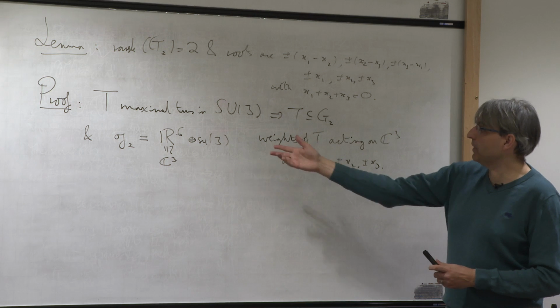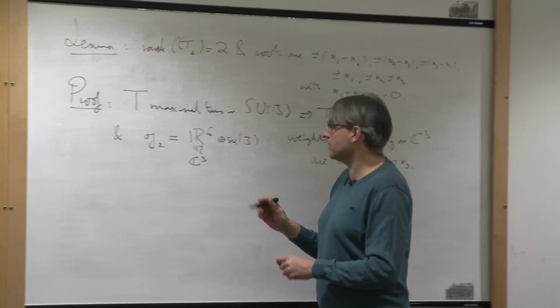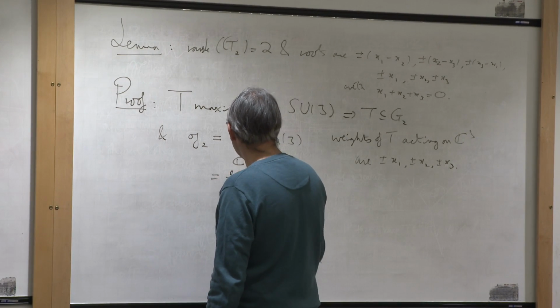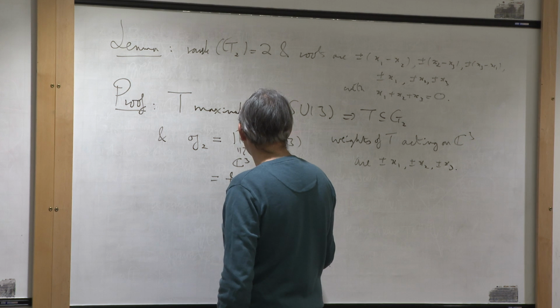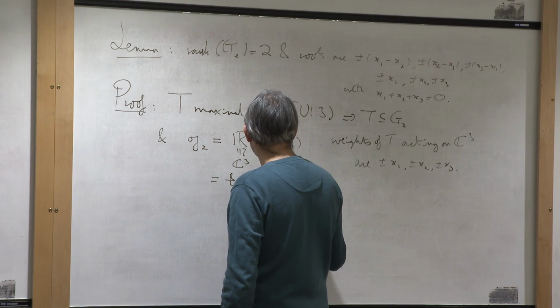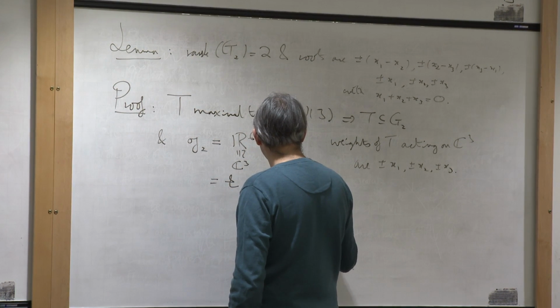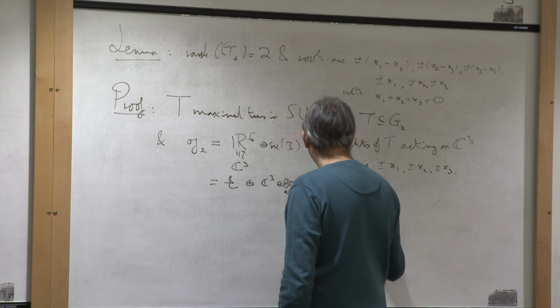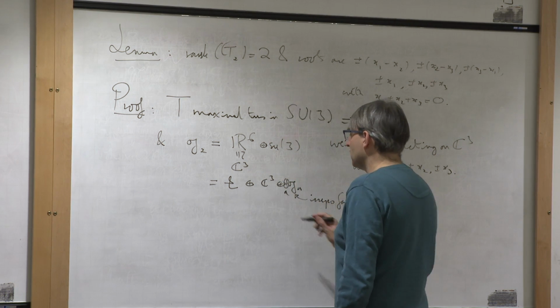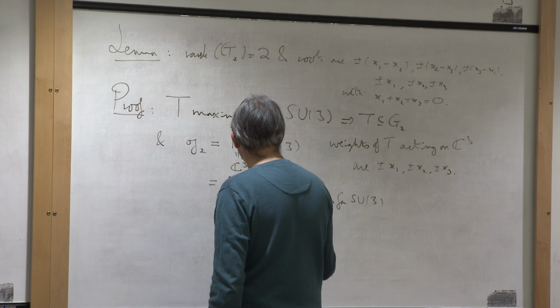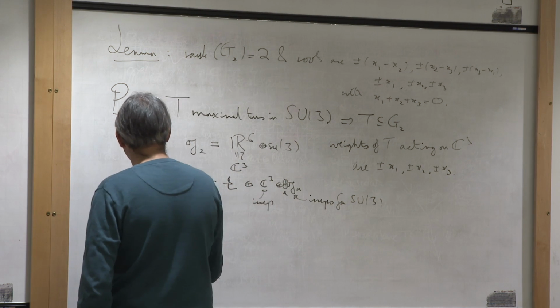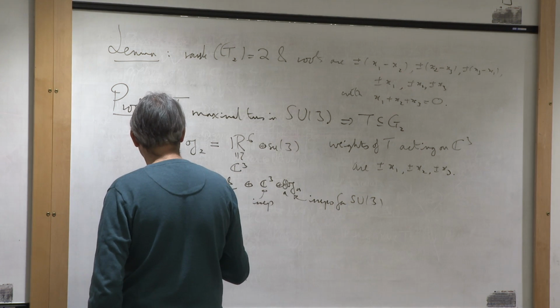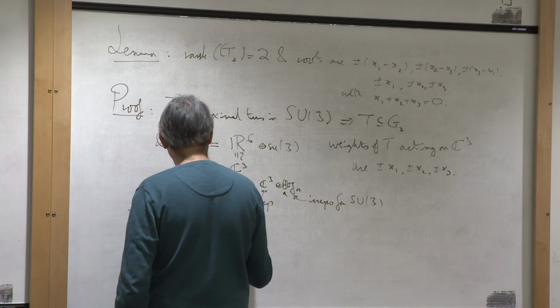So that means that this thing splits into T plus this C3 plus the sum of the g_alpha, where these are the irreps for SU3. And this is an irrep. So that means that T is a maximal torus in G2.